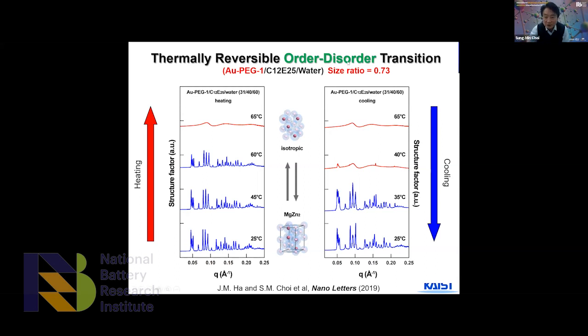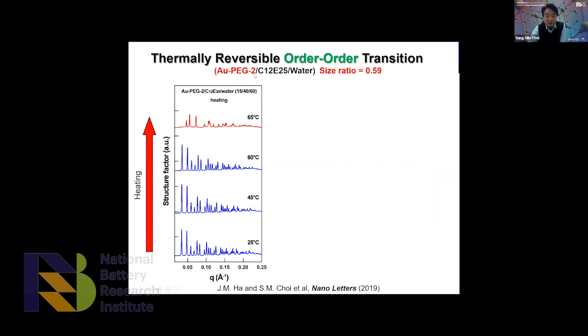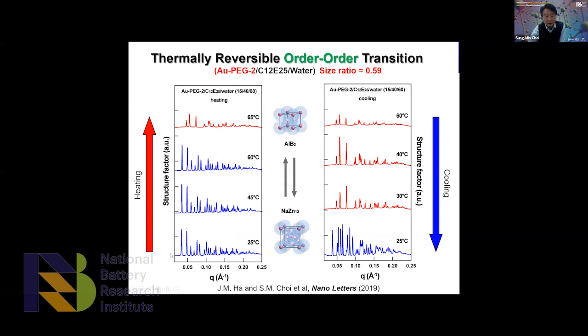Order-disorder transitions were reported before, but if we try this PEG2 type nanoparticle, which has a longer shell, and increase the temperature, it changes from the NaZn13 structure to the AlB2 structure, and when we cool it down, it comes back.